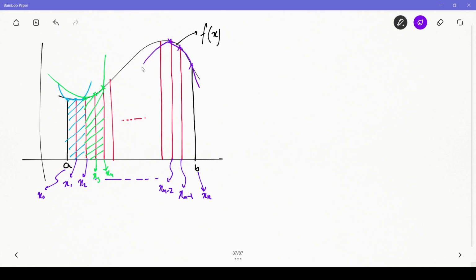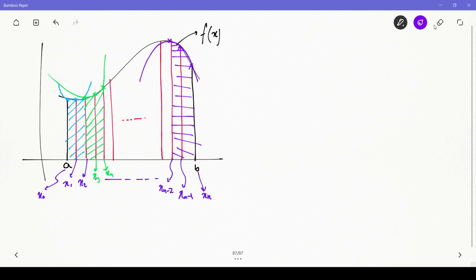So roughly something like this. So we'll try to measure the area under this curve between these limits, which is x of n minus 2 up to xn, right? So x sub n minus 2 to xn, and we'll sum up all these areas. We end up with an approximation of the area under the original curve f of x.